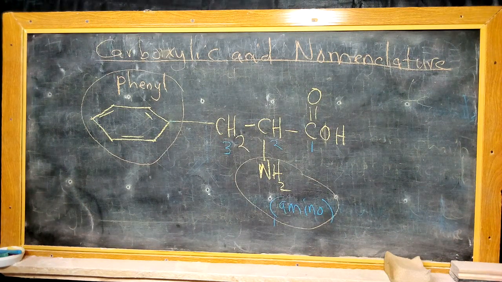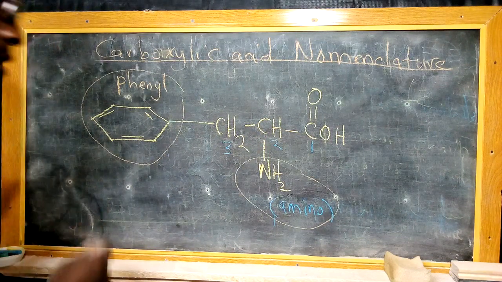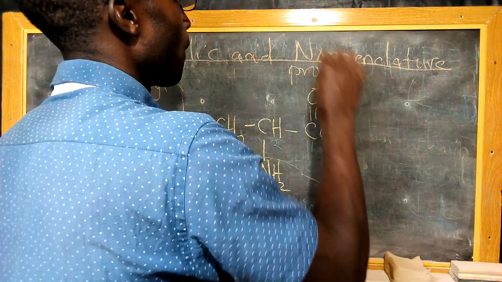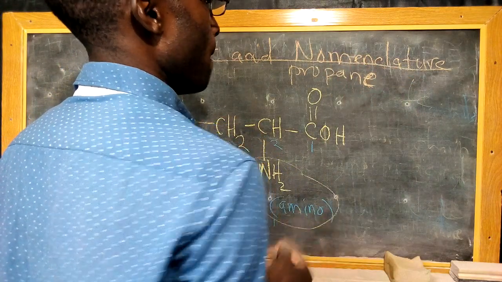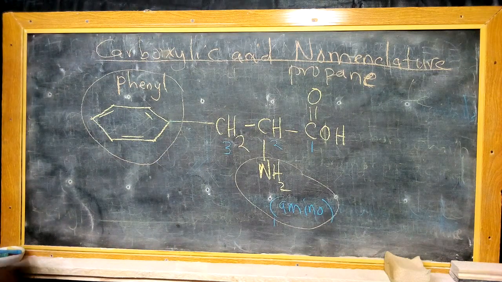So in that case, this is a 1, 2, 3 carbon compound. So it's derived from the parent alkane, which is propane. So therefore it's going to be propanoic acid. So let's see how that name will appear.